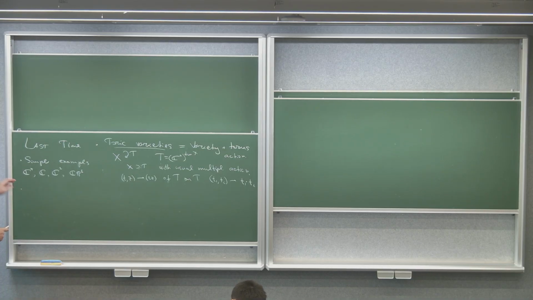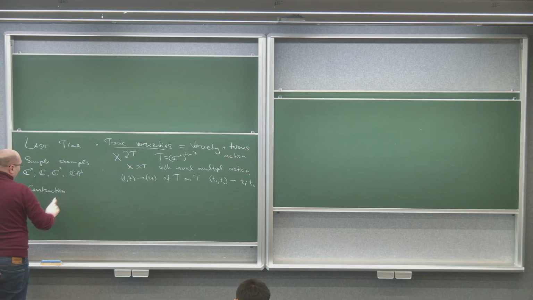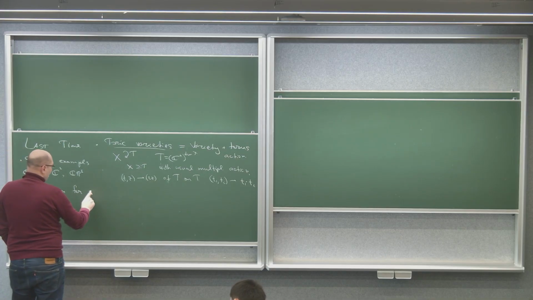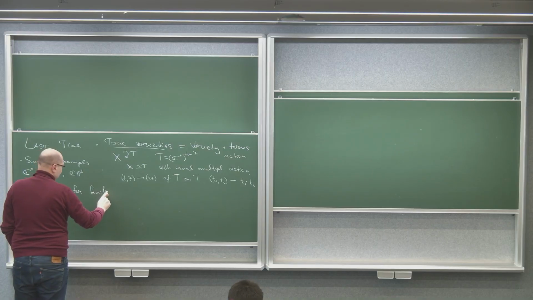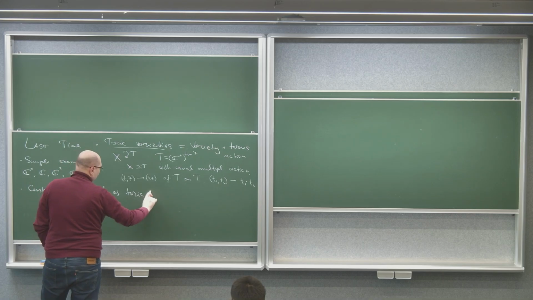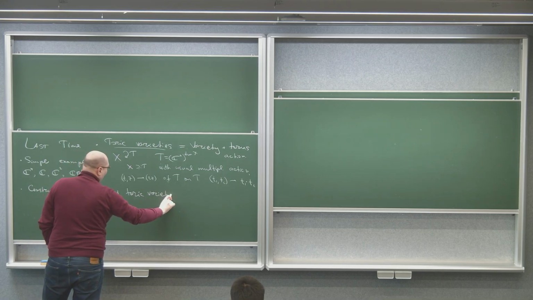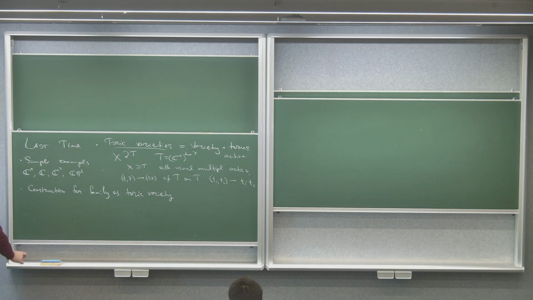Then, from these simple examples, we went to a construction for certain families of toric varieties. We discussed it as symplectic reduction.